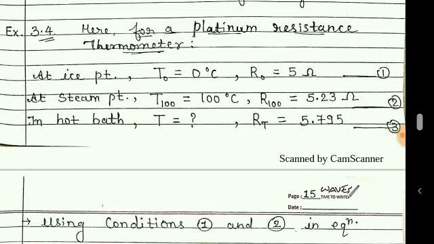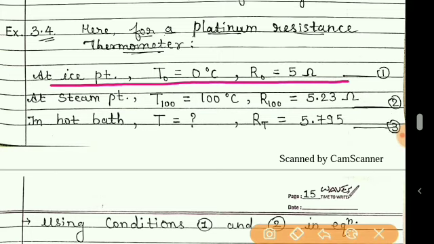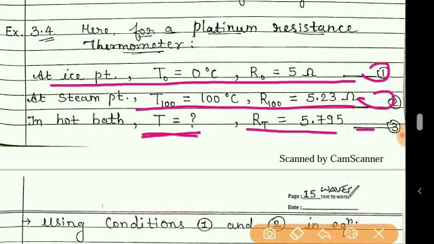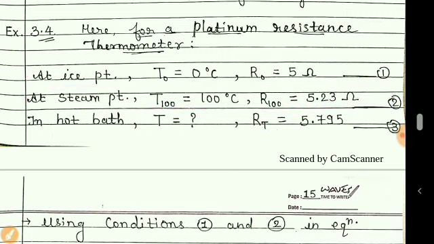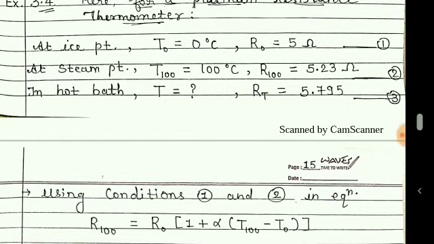So here we can say that three conditions are given: this temperature and resistance number 1, this temperature and resistance number 2, and this temperature which is unknown and the resistance, that is 3. So we will use the first two conditions to find alpha, that is the temperature coefficient, and then again we will use the first and the third condition, and then we will get the temperature.